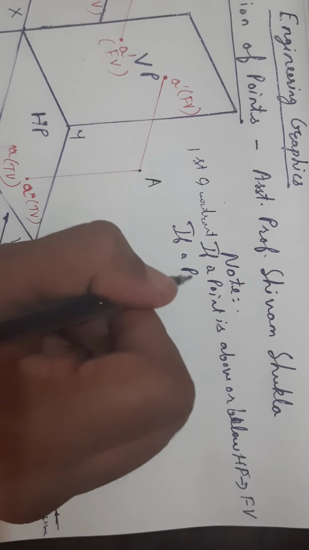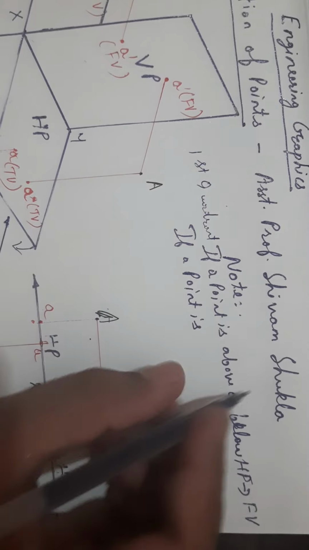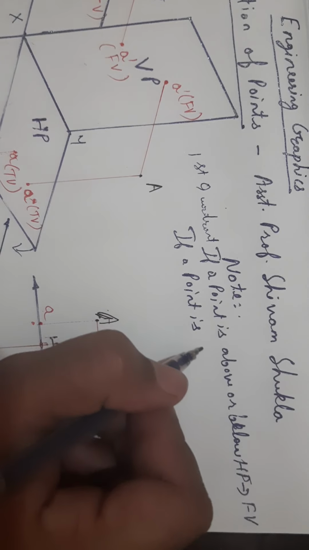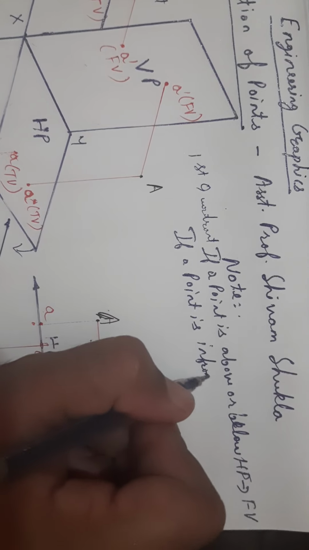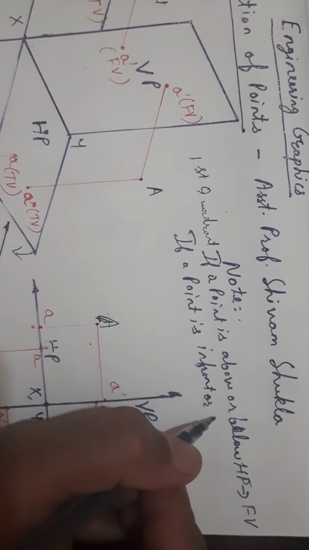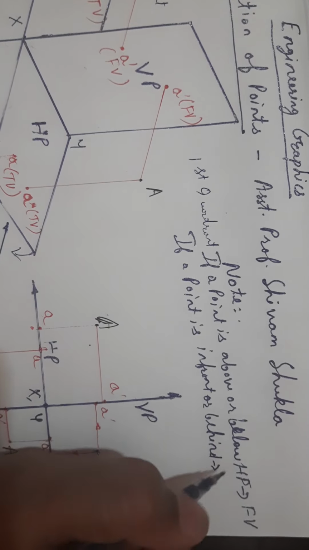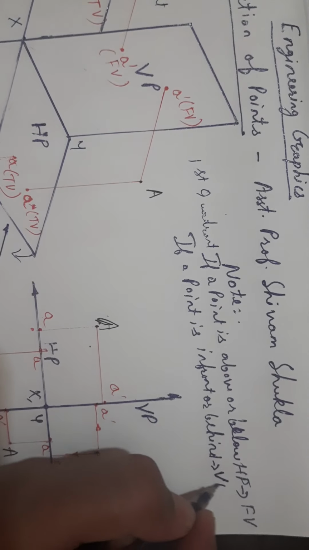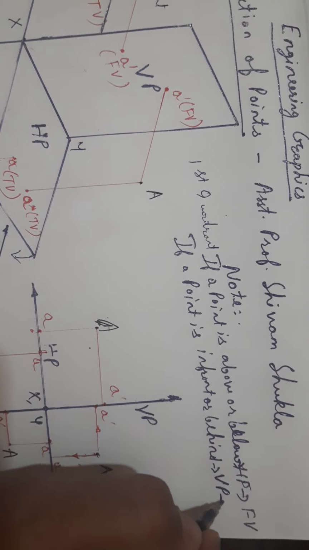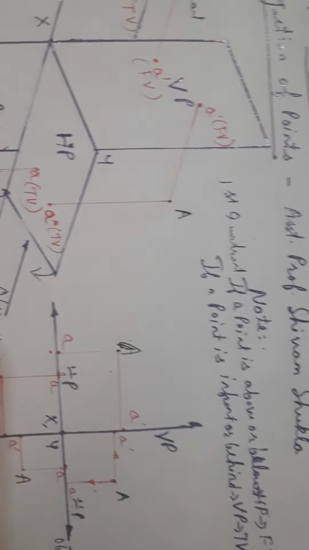If a point is in front or behind, that will be related to its distance from the vertical plane, and that is related to its top view.